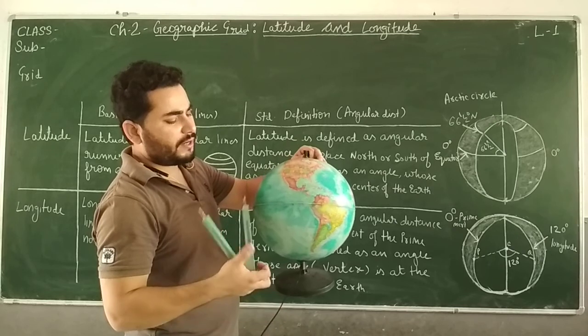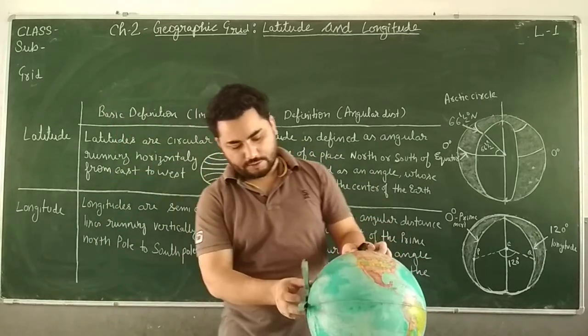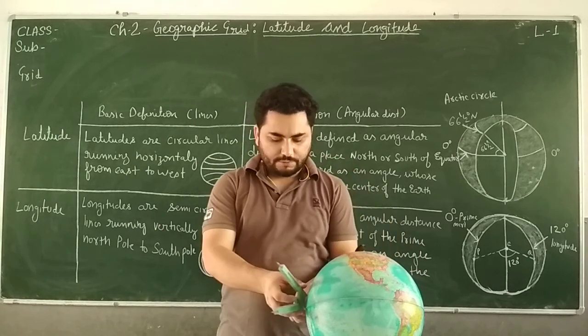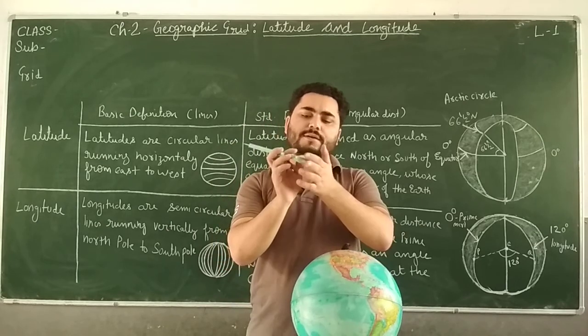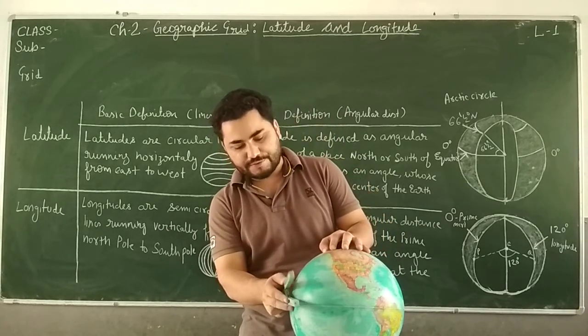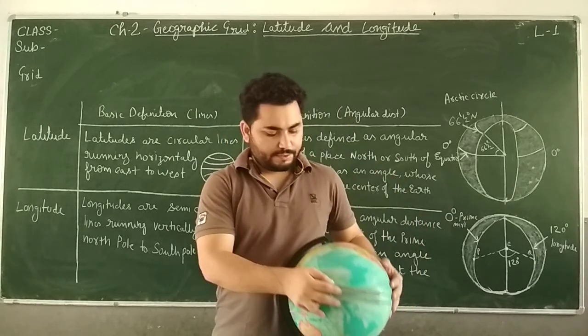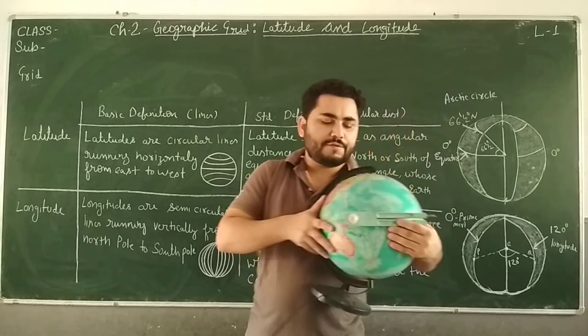How am I measuring it? I am measuring from the center, from here. This is the vertex of the angle, at the center here inside the Earth, and I am measuring it this way, upside, if it is visible to you.